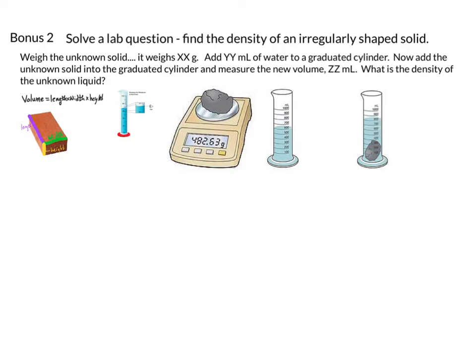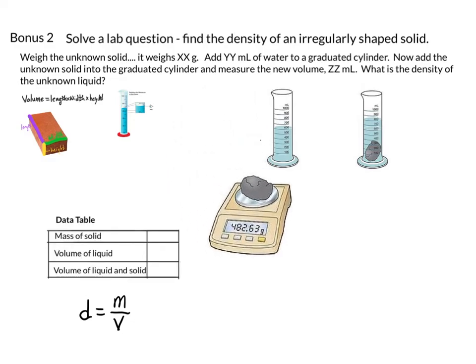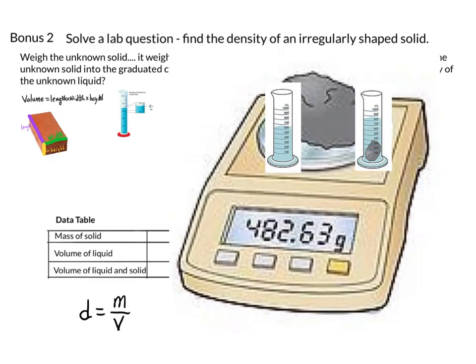And finally, we'll calculate the density by using the measured mass of the solid and the calculated volume of the solid. Let's see what the result is of our experimental calculation. We'll be filling out our data table with this information. We're going to find the mass of the solid.